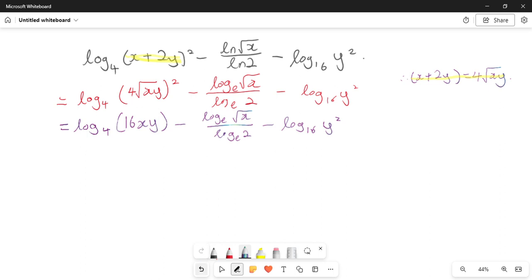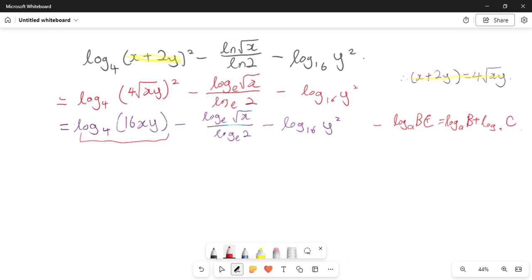So from here I can separate this part using the properties of log. The properties of log tell us that log base a of b multiplied by c is equal to log base a of b plus log base a of c.